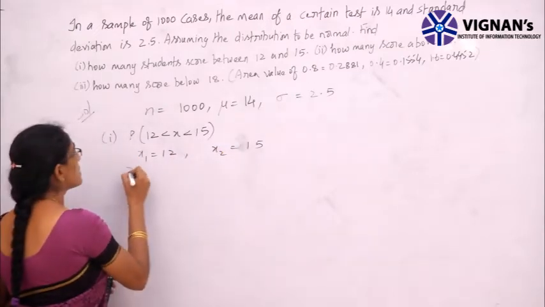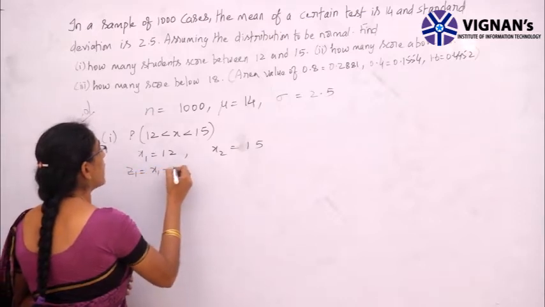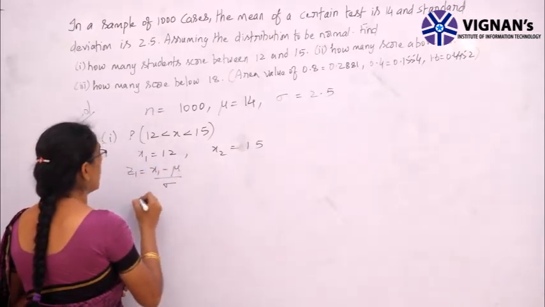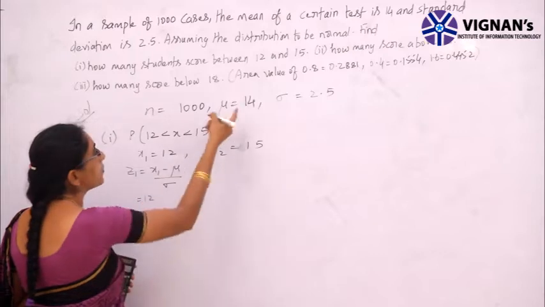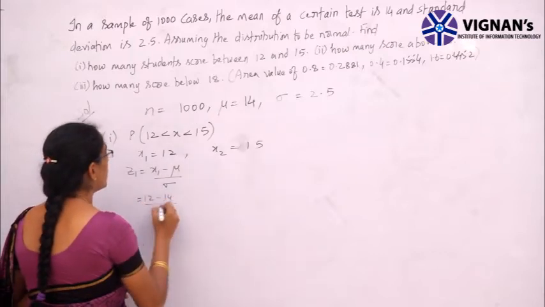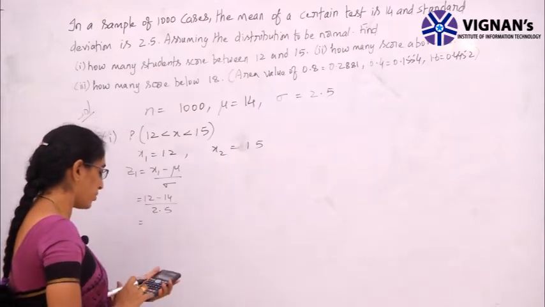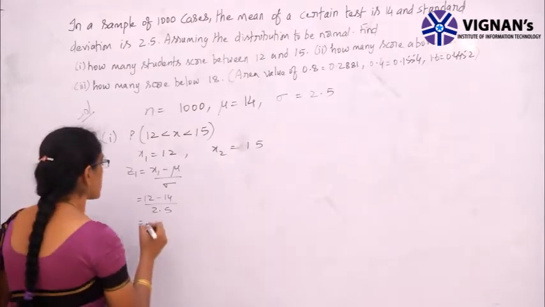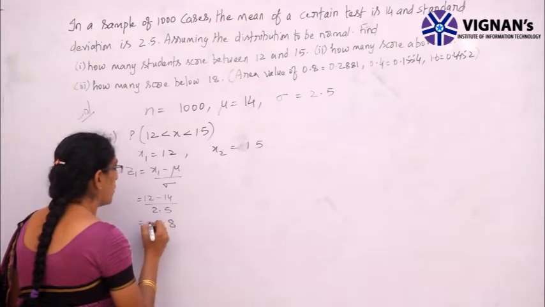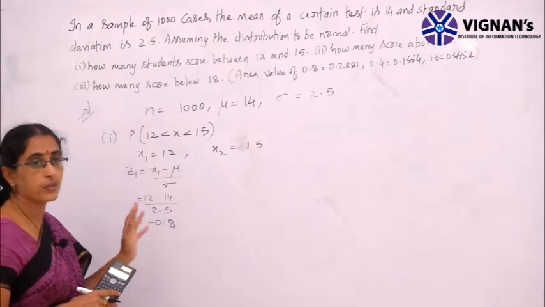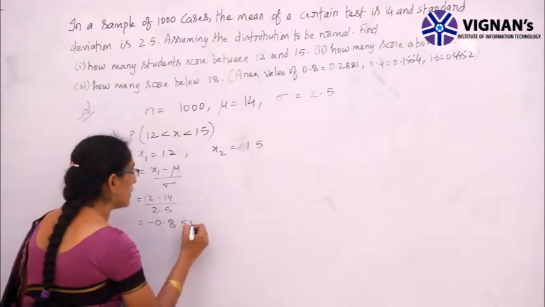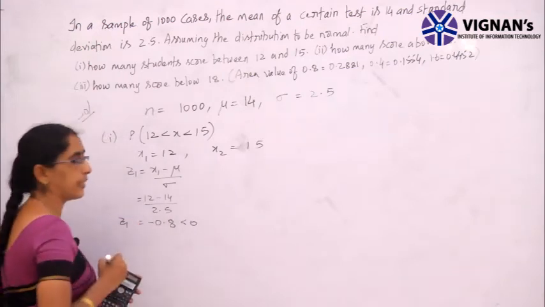So we know that z1 equal to x1 minus mu by sigma. That means 12 minus 14 by 2.5. So what is this value? 2 by 2.5 is minus 0.8 here. Why? Because here 12 minus 14 is there. That means Z1 is less than 0.